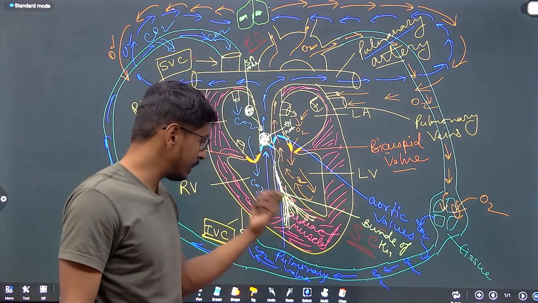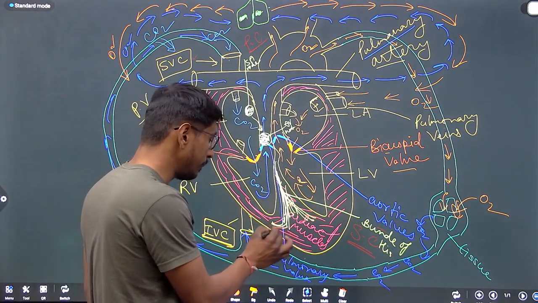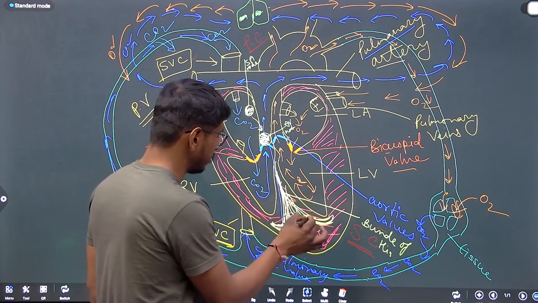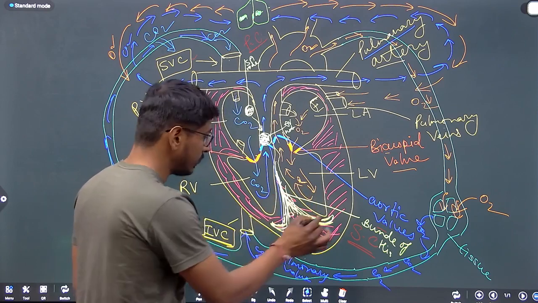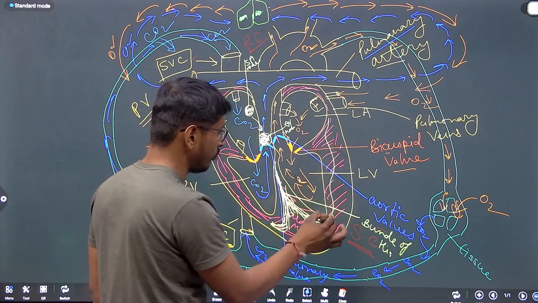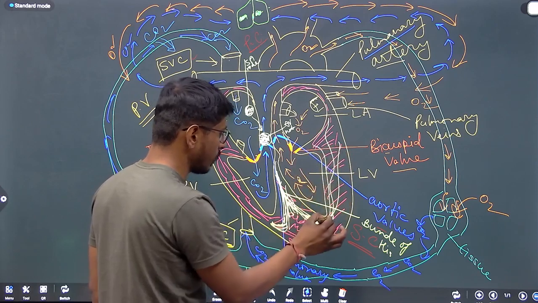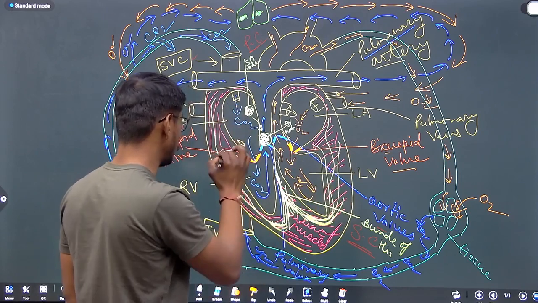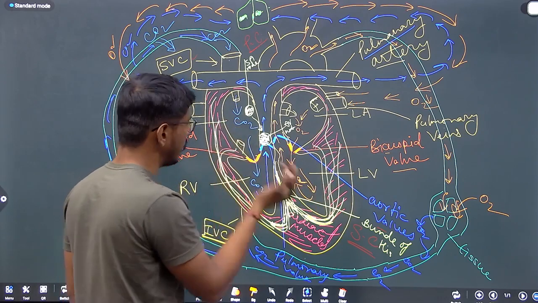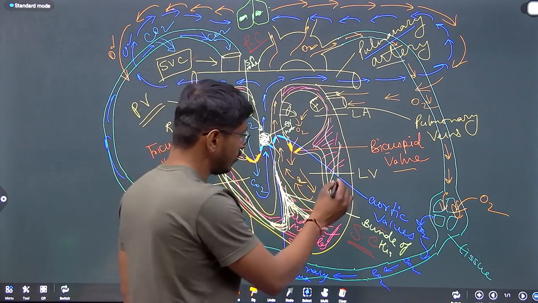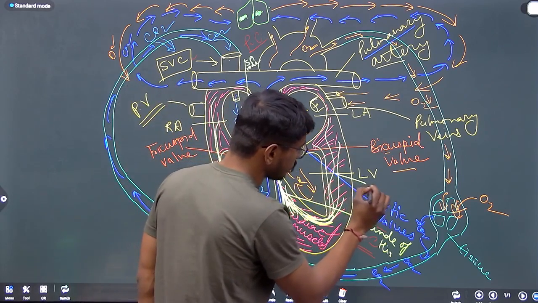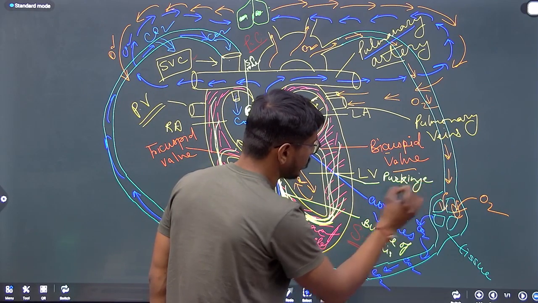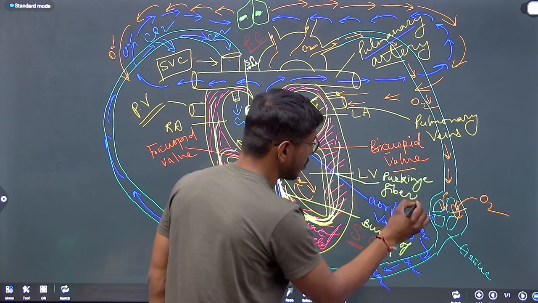He discovered that there are some bundles located between these two ventricles, and they bifurcate here, and after that they go to every nook and corner of the heart. So they are reaching here also, here also, here also. They reach every part of the heart. They are called Purkinje fibers.